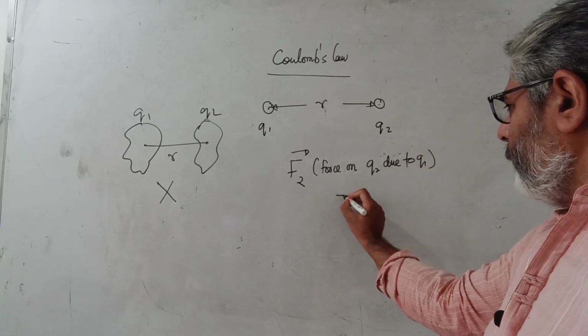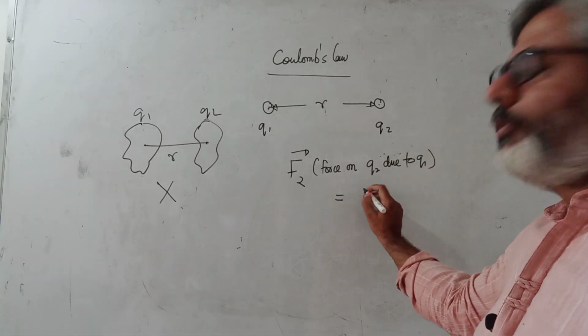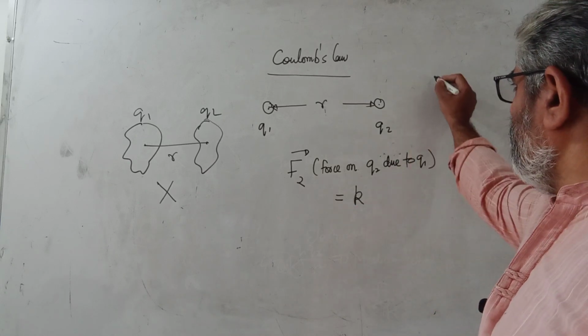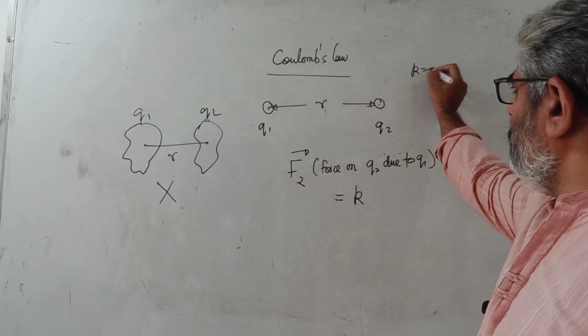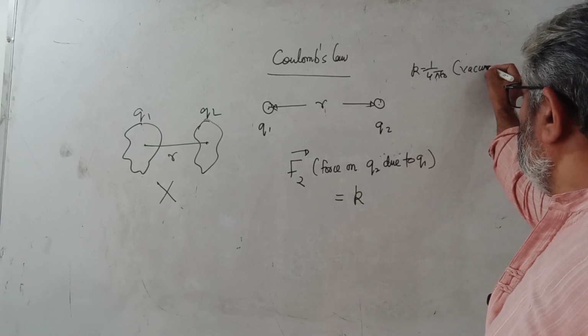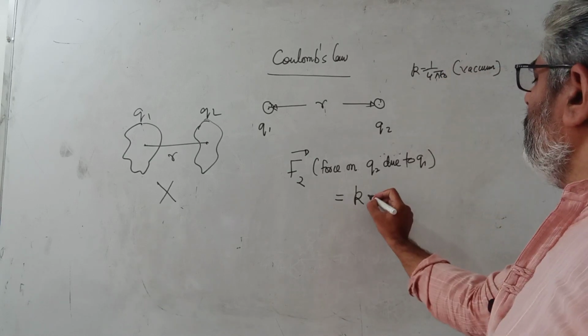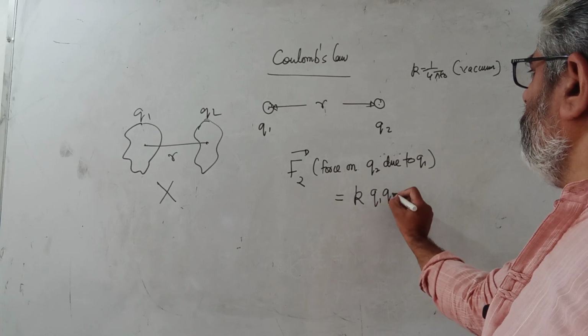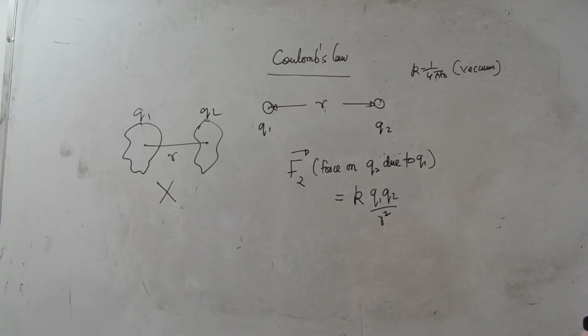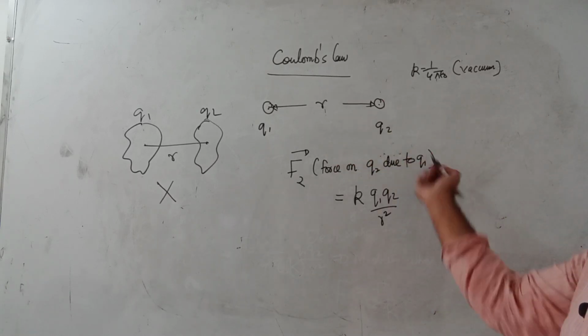So how are we going to write it? Now we'll use a little vector notation. We'll say K, and I again remind you that K is 1 upon 4 pi epsilon naught in vacuum or free space, Q1 Q2 upon R square into a unit vector from 1 to 2.